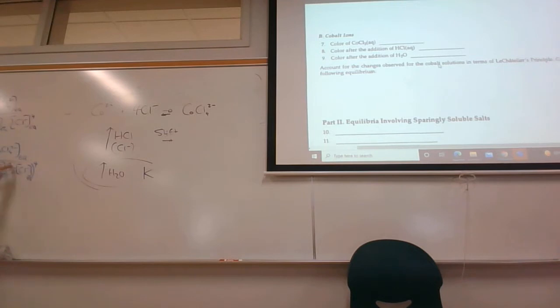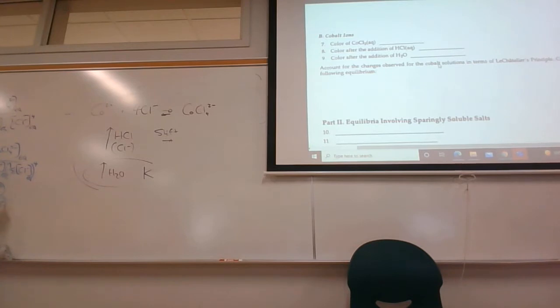So this would be 1/2 to the 4th. 2 times 2 is 4, times 2 is 8, times 2 is 16. So it'd be 1/16 chloride. In other words, this is going to go up 16 times: COCl4 2- divided by the Co2+ and the Cl-.